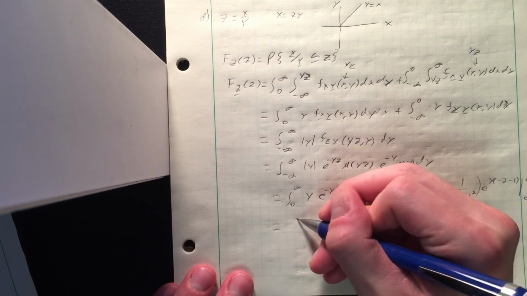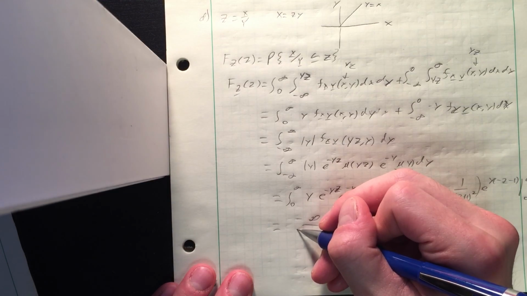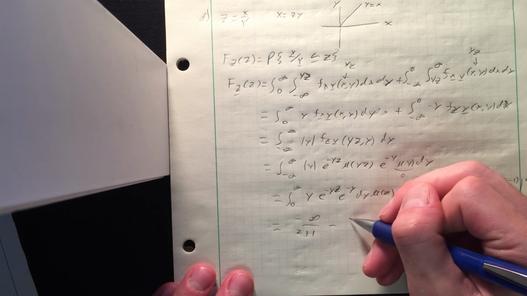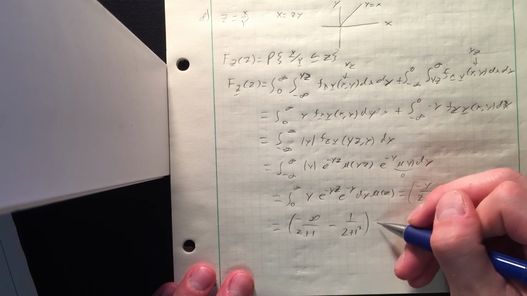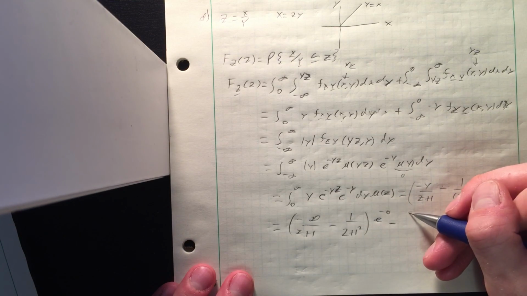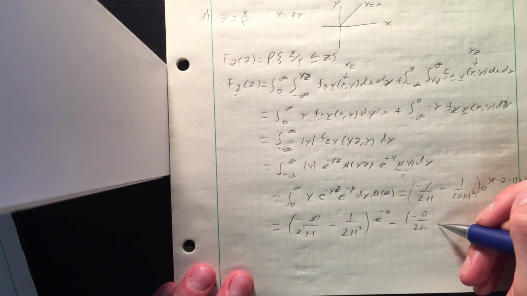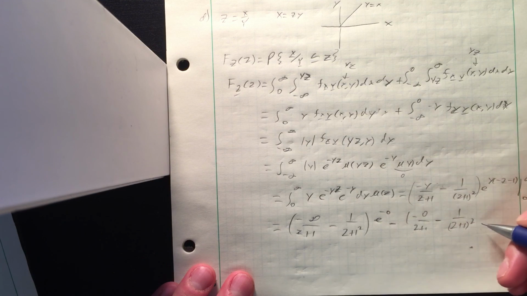When you do that, you get negative infinity over z plus 1 minus 1 over z plus 1 squared, e to the negative infinity, which is 0, minus the value at 0, which is 1 times negative 1 over z plus 1 squared.